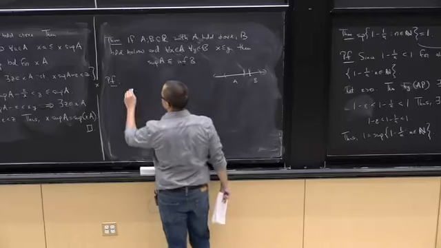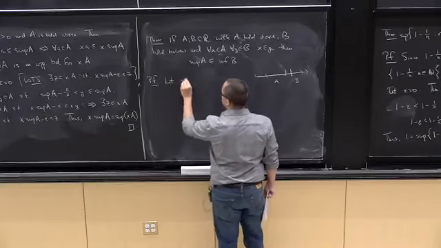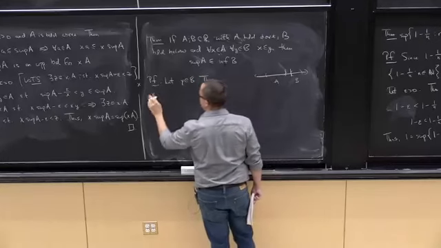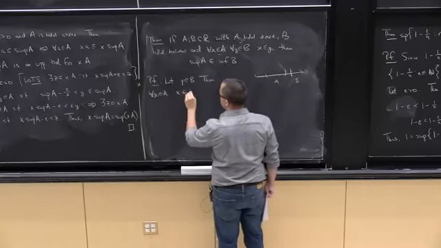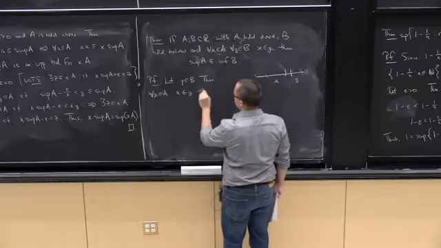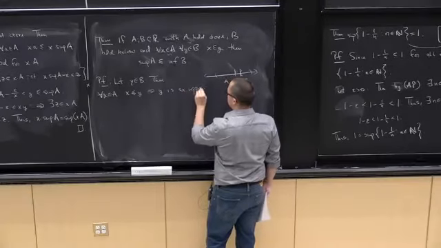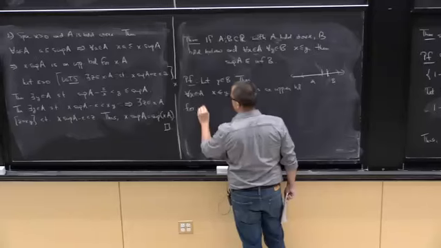All right. So let y be in B, then for all x in A, x is less than or equal to y, which implies y is an upper bound for A.